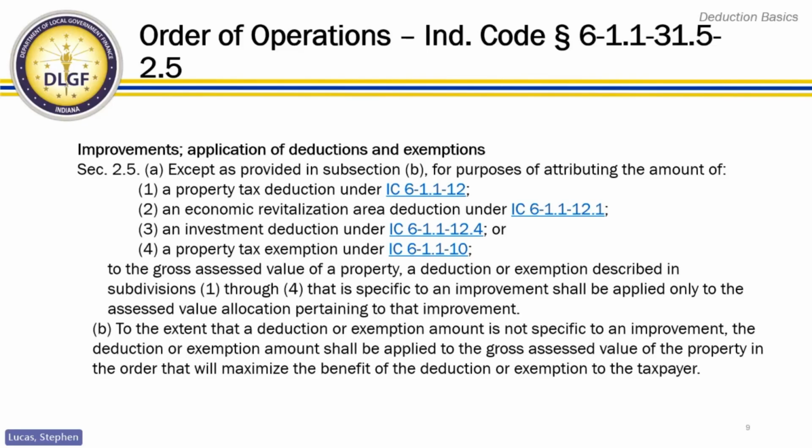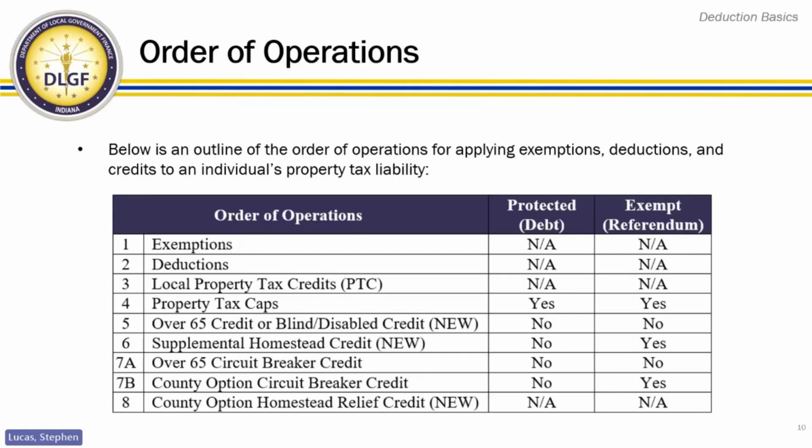If statute doesn't specify how something is to be applied, the fallback position is applied in the way that will maximize the benefit to the taxpayer. And here we've got a table that shows several different property tax benefits and the order that they should be applied. Here we would start with exemptions.